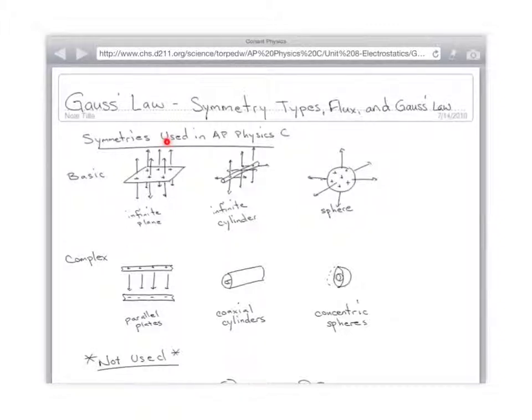All right, so if I had a bigger sphere outside this first sphere, all the field lines would hit the bigger sphere perpendicularly. Right? Okay, good. We say that a sphere has a certain symmetry that allows any field lines that project from it to always go the same direction, no matter how big the sphere is.